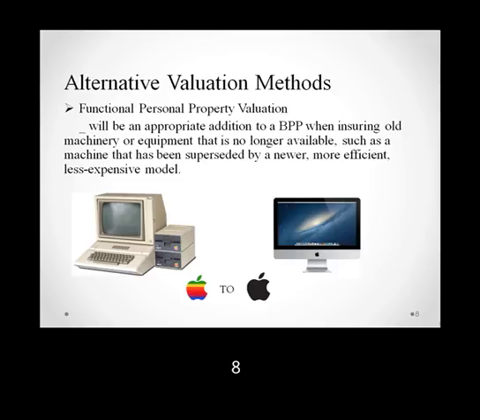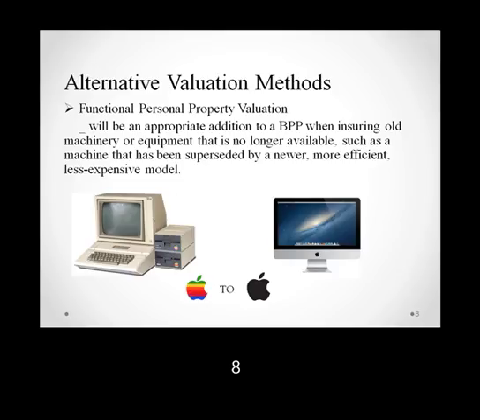For example, you have an 80s Apple Mac. Well, I guess it's not called Apple Mac but Apple PC. It's called an Apple Macintosh, which cost more when purchased than a new system that is so much cheaper and more powerful. If there is a loss to the Apple Macintosh, how would the insurance company compensate that?